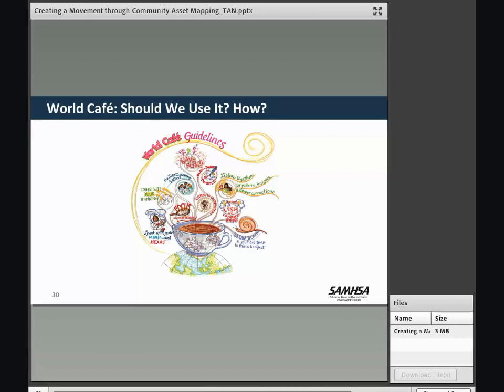World Café is another method. This method is a really flexible format. You can use it with large or small groups and have different questions that you want to ask to get at different assets in the community at different tables.